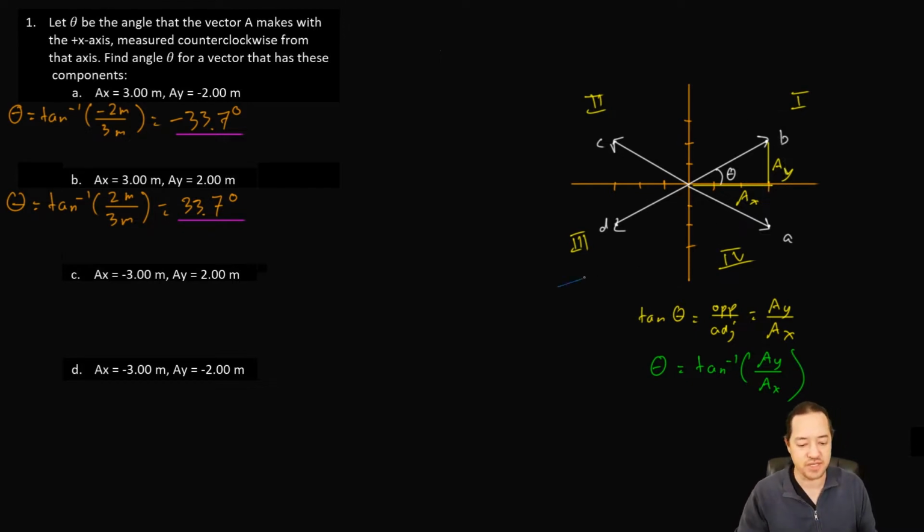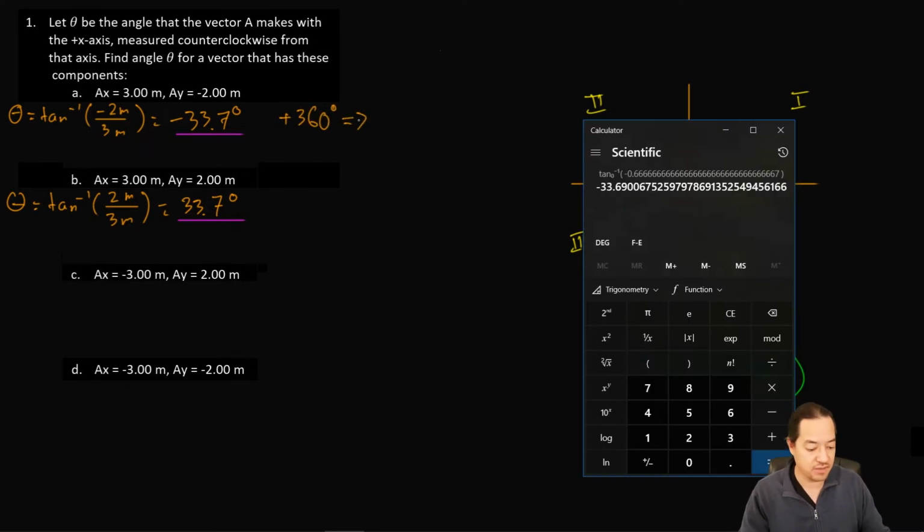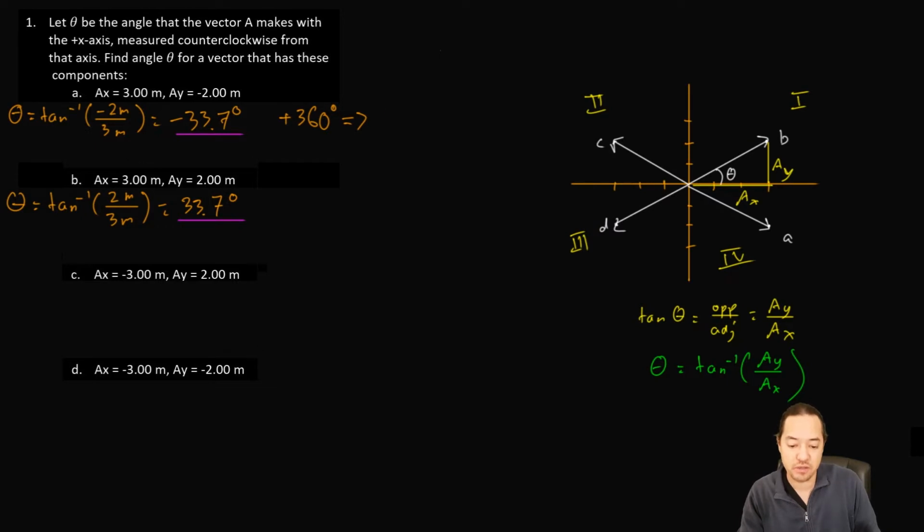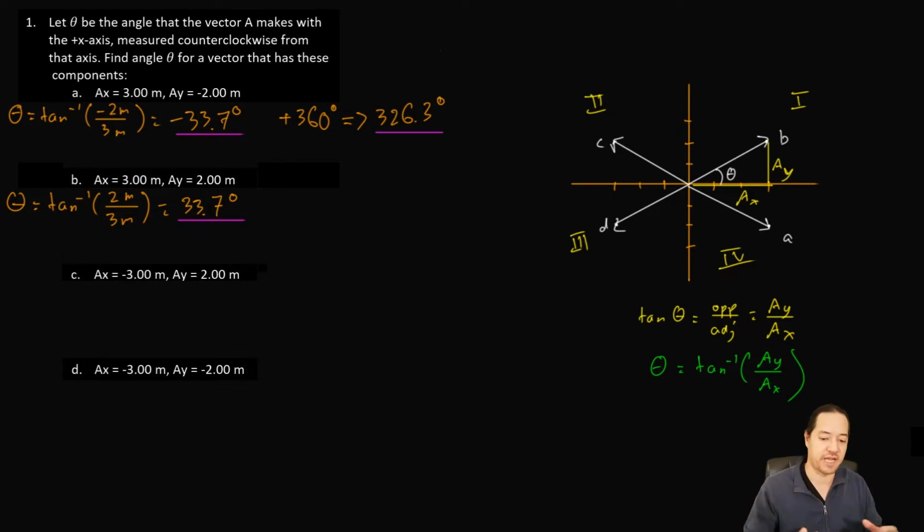So we can correct this. I mean, it's not wrong, but we can translate it into a positive number by adding 360 degrees. If we do that, that's going to give us an angle of 326.3 degrees. And this is maybe a more standard way of writing down this angle as a positive number. Okay, so they're equivalent. Whichever way you prefer, they both work.